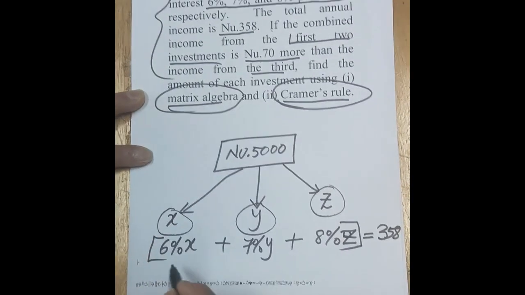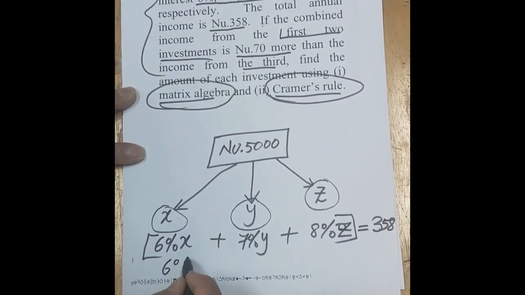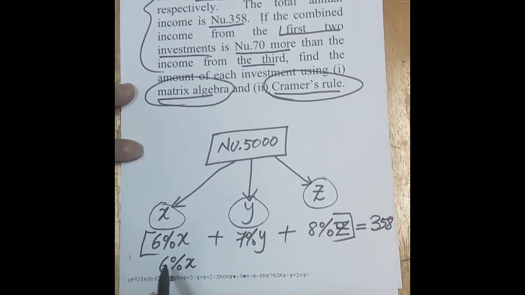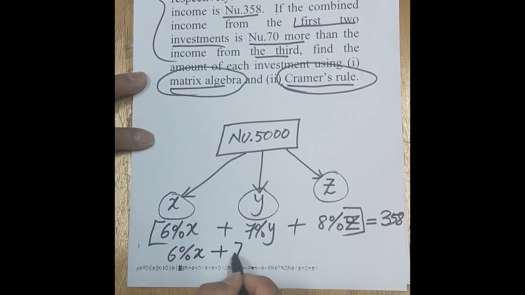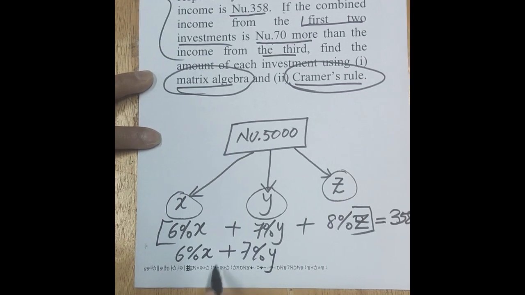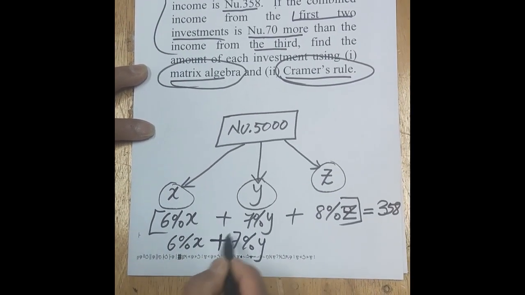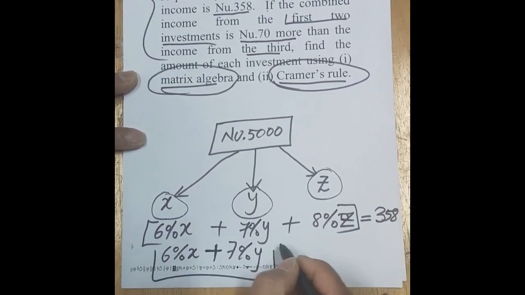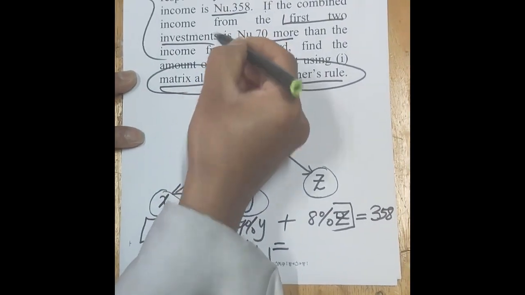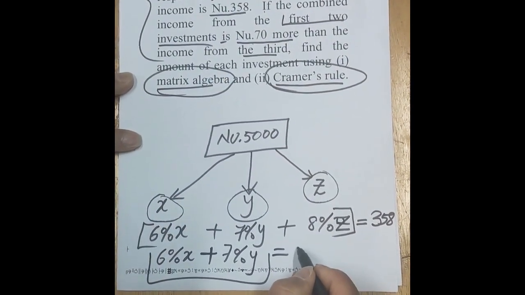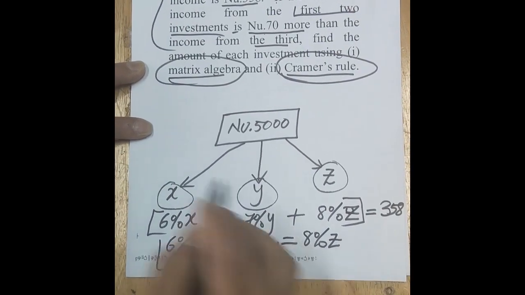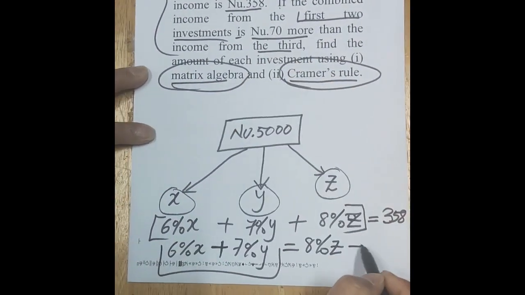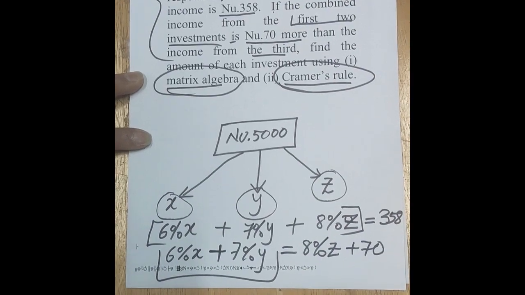So our first investment is 6% of X plus the second investment is 7% of Y. If you add these two, it should be equal to the income from the third investment, that is 8% of Z, plus Nu 70.